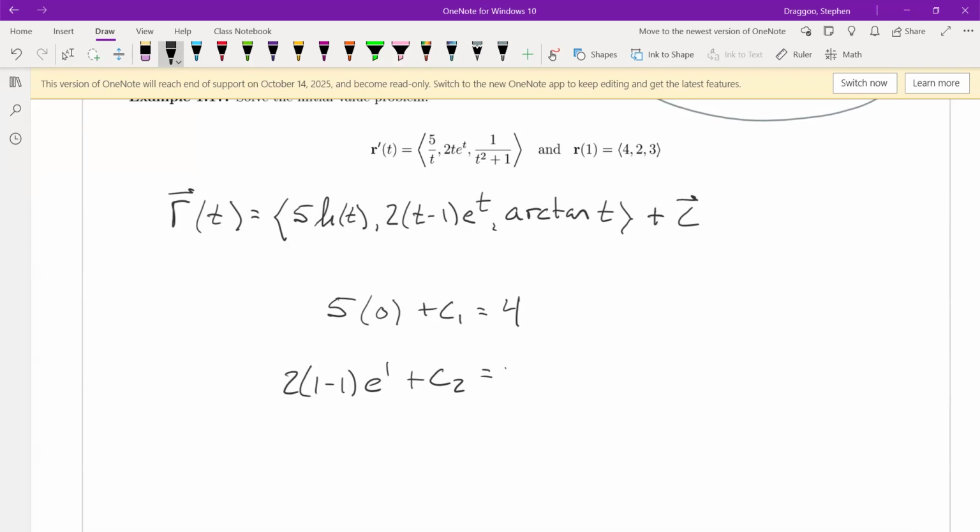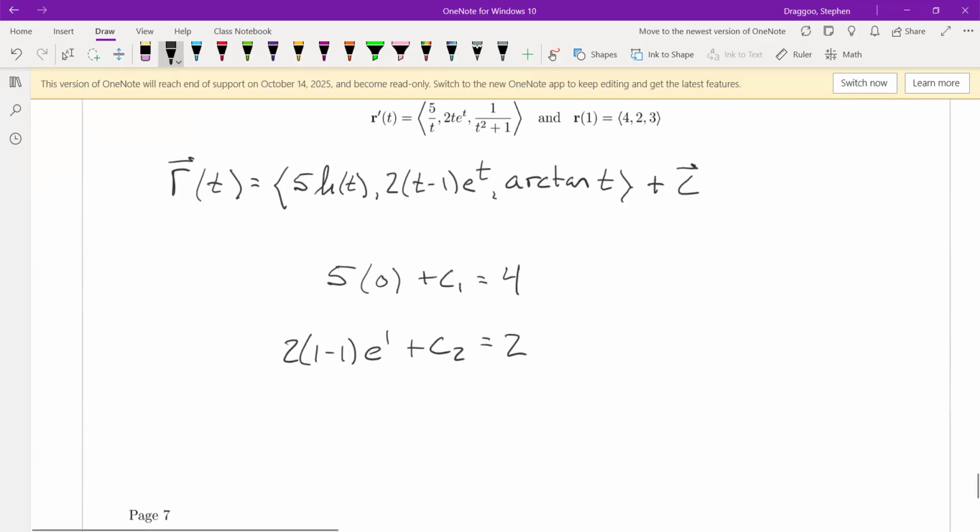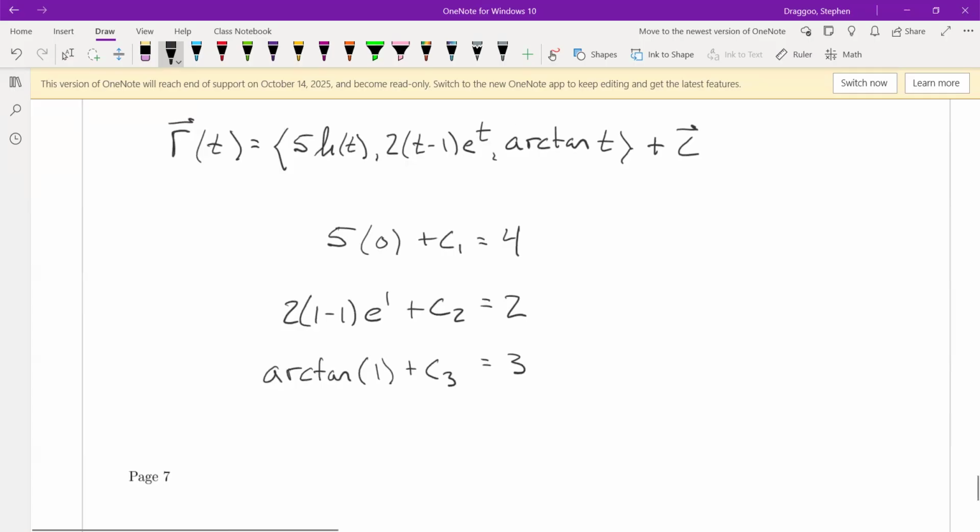That's got to be equal to 2. And that last one, I want the arctan of 1 plus c3 equal to 3.